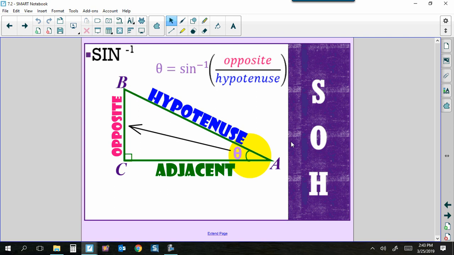Where that comes from is if you have sine of theta, we'll divide sine out. It becomes 1 over sine. Well, what is 1 over sine? It's sine to the negative first power. If you remember using your negative powers in Algebra 1, if we had x over x to the negative second, you knew that you could take the x to the negative 2 up to the numerator, and then you change the power to a positive.